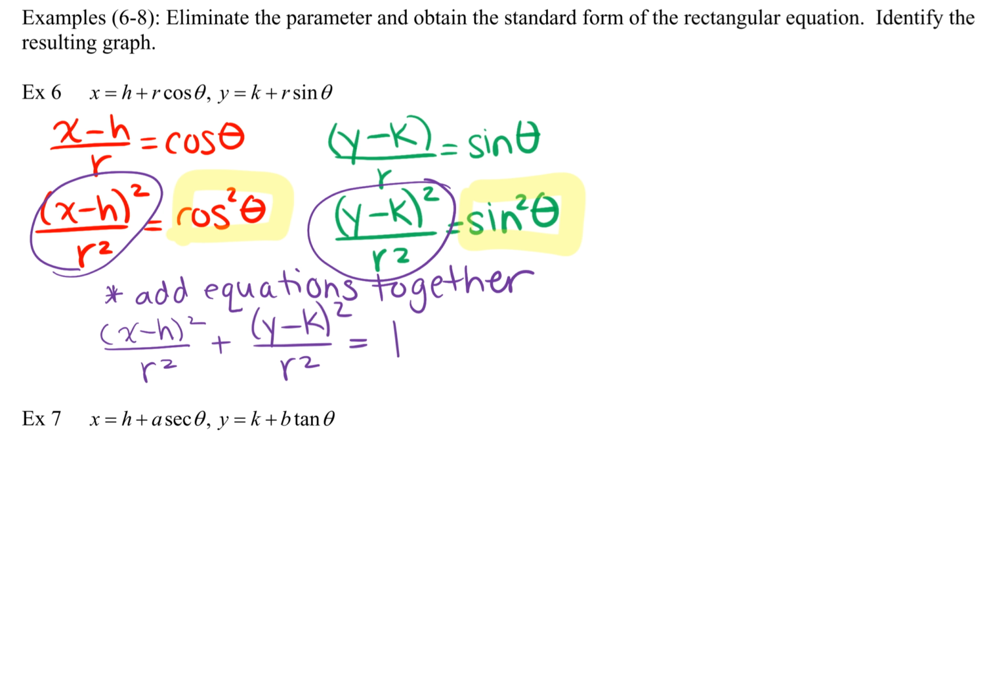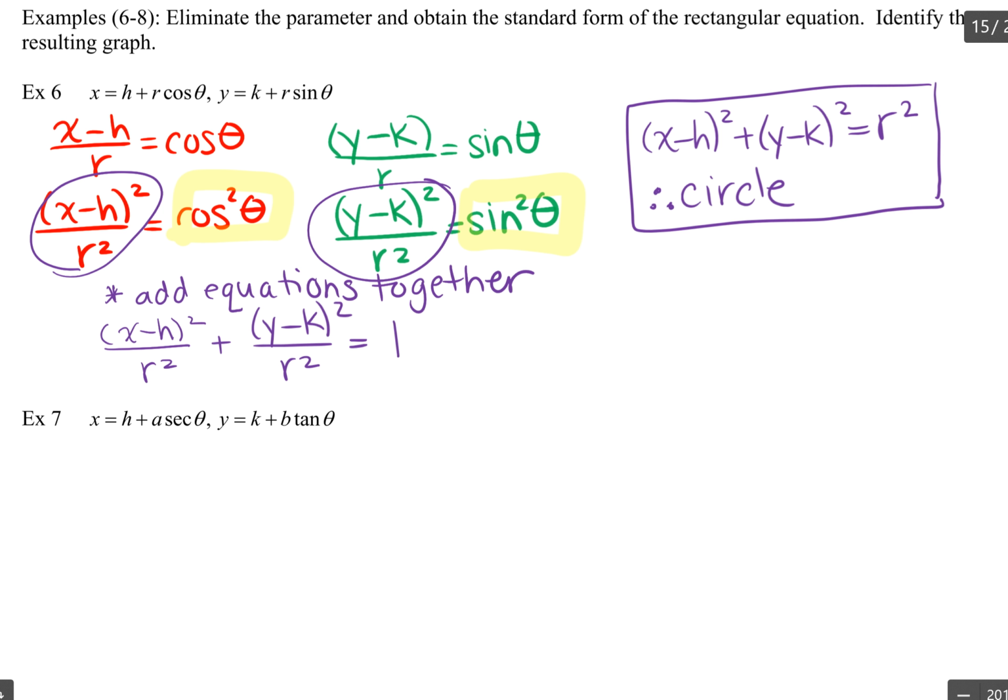I can look at this now and I notice my denominators are both the same and I'm adding in the equation. So here we want to put it into the standard form for one of the conics. Which conic do you see? Hopefully you're thinking a circle. So we have x minus h quantity squared plus y minus k quantity squared is equal to r squared. Therefore, this is a circle.